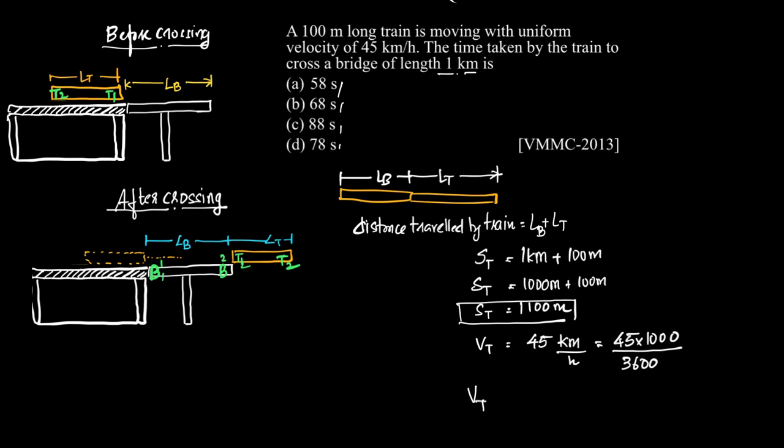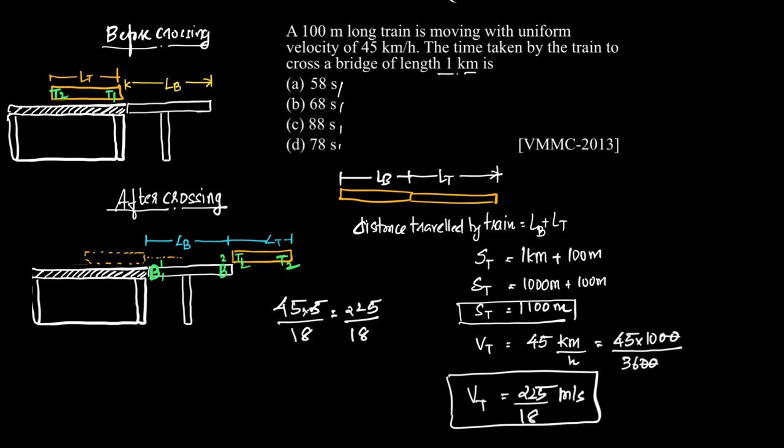So the velocity of the train becomes 45 into 1000 by 3600, where the zeros cancel. So 45 into 5 by 18, right? Which is 5 fives are 25, 5 fours are 20 plus 2 is 22. So we get 225 by 18. So the velocity is 225 by 18 meters per second.